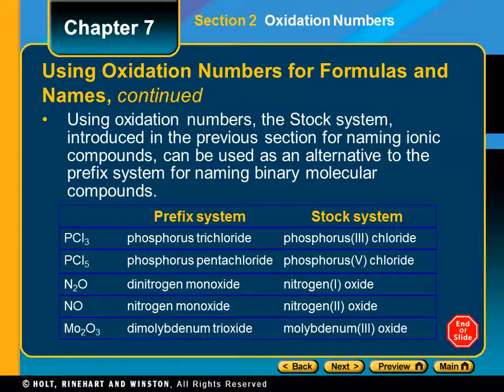But if we use the oxidation states and the Stock system, PCl3 becomes phosphorus(III) chloride, PCl5 becomes phosphorus(V) chloride, N2O becomes nitrogen(I) oxide, NO becomes nitrogen(II) oxide, Mo2O3 becomes molybdenum(III) oxide.